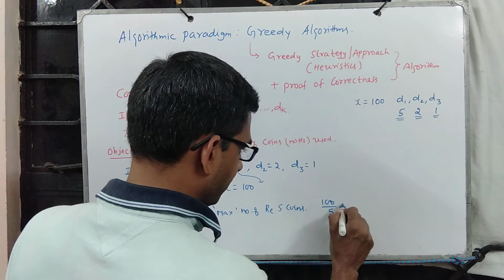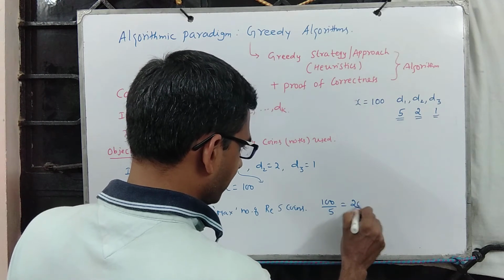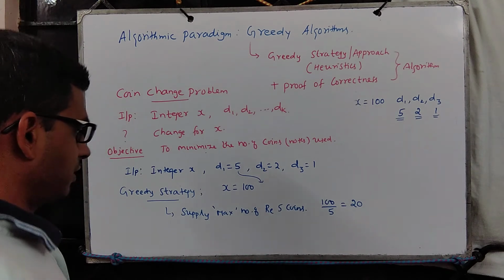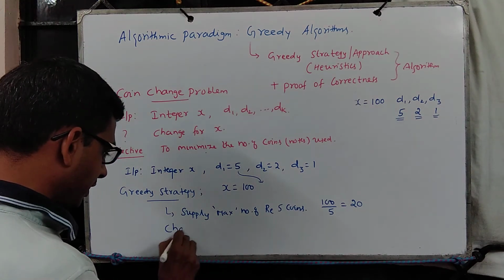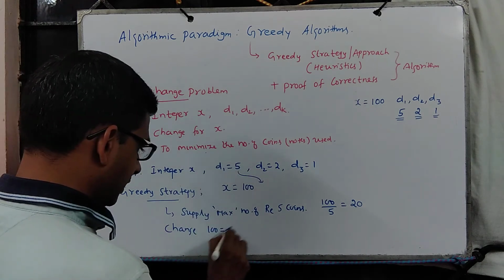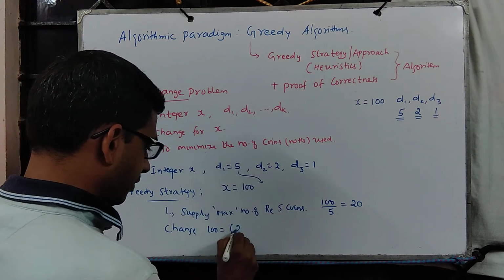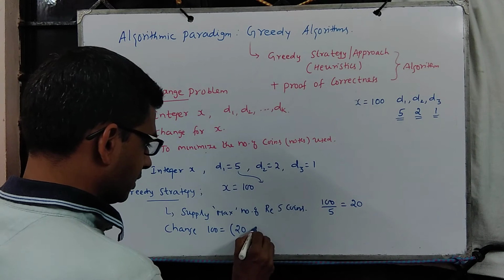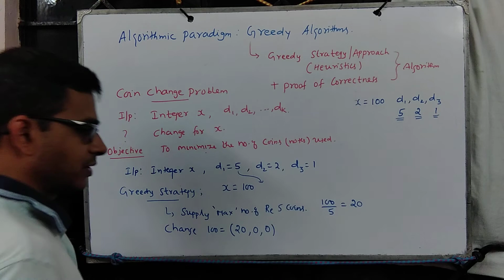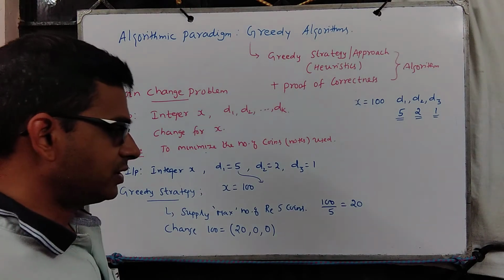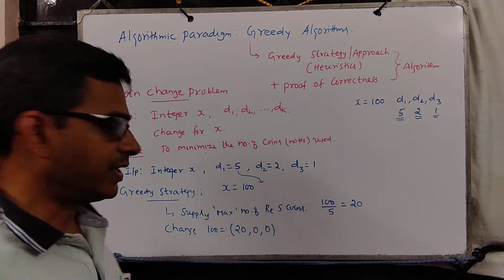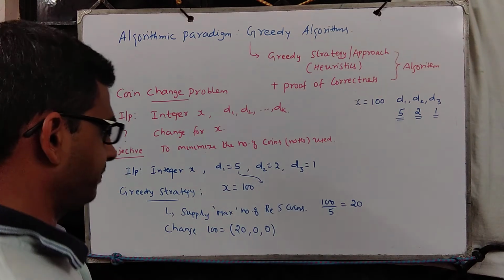In this case it divides properly, so you give 20 5 rupee coins. The change for 100 is 20 5 rupee coins, 0 2 rupee coins and 0 1 rupee coins. That's all. This is our solution, and it turns out that this is indeed optimum.